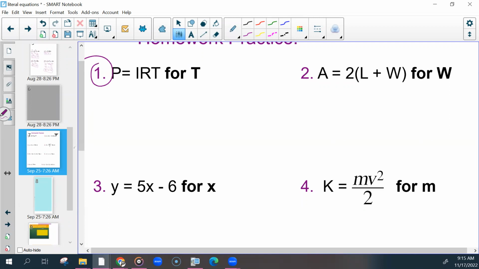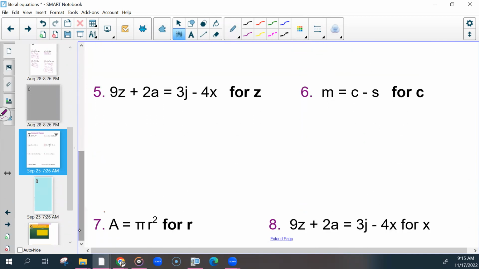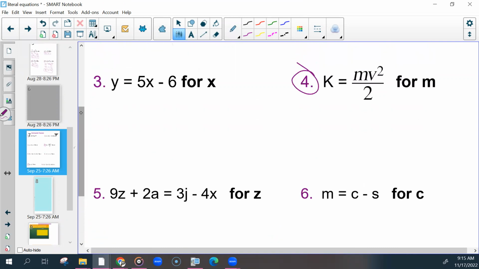Any others, Caleb? Four, Dylan? Seven. Okay, I'm gonna say that 5 and 8 are similar, they're just solving for two different things. Any others? Mina? One, we have that.